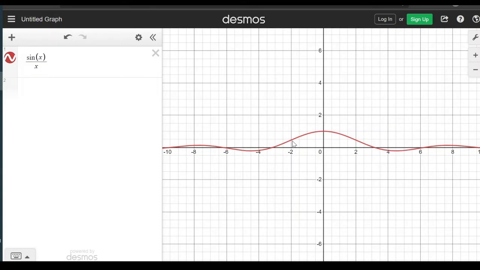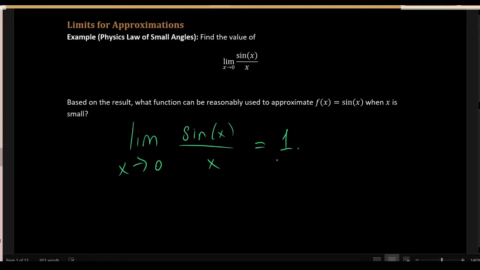In reality, there is a hole in the graph at the exact location where x is equal to 0, because plugging in 0 to this function will cause us to divide by 0, and that's undefined. However, for the purpose of a limit, that hole at that one location really doesn't matter. All that matters is what's happening around x equals 0.